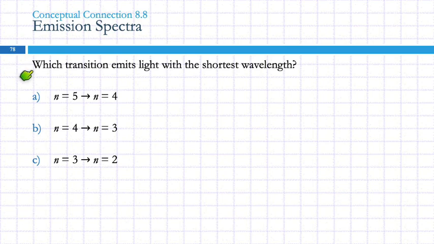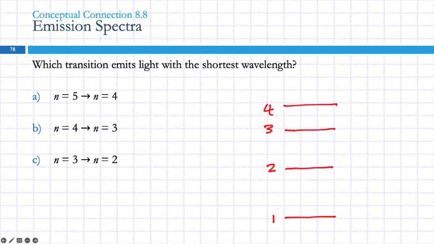So here, which transition emits light with the shortest wavelength? Well, we're envisioning these things in terms of energy, right? So we could kind of draw these. Let's say that's 1, and this is 2, and this is 3, and this is 4, and this is 5.